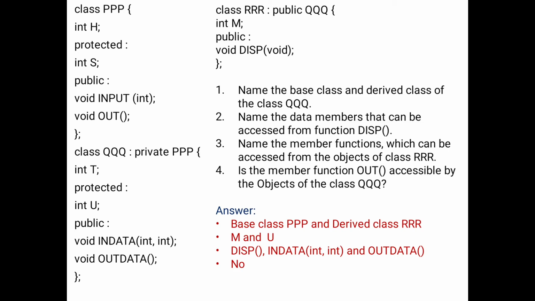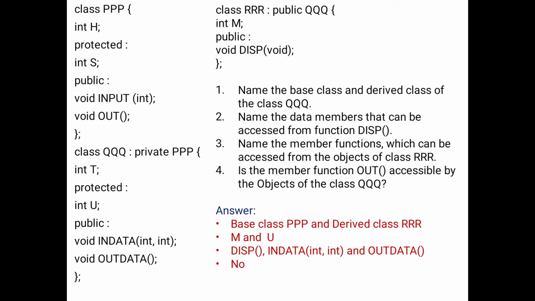The class QQQ is derived from the class PPP, as you can see, using the colon, and the label is private.